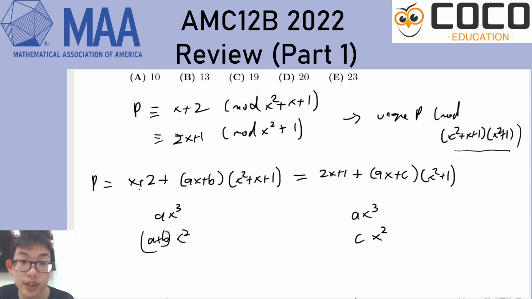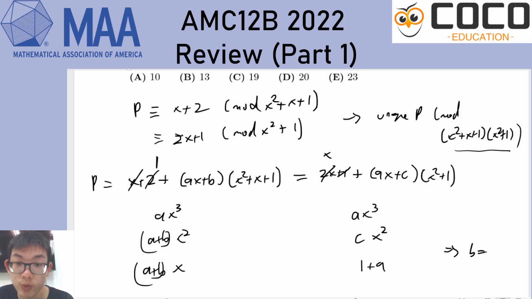X coefficient, in fact I can just cancel off a little bit here just to make it a bit nicer. So the x coefficient would just be a plus b again. And this one would be 1 plus a. Okay, great. That gives me b is 1. And the constant gives me 1 plus b is equivalent to c. So c is 2 and a is 3.